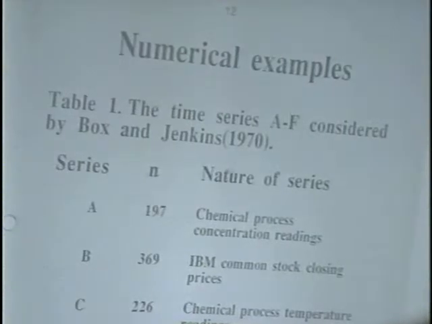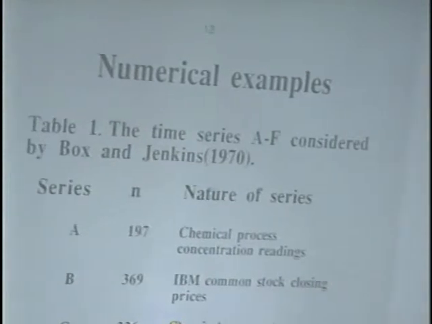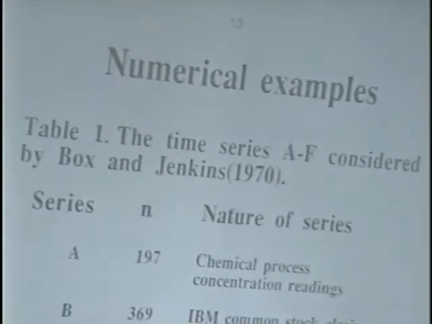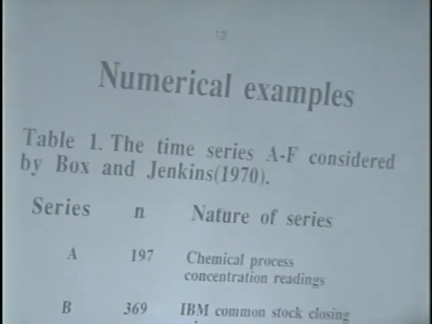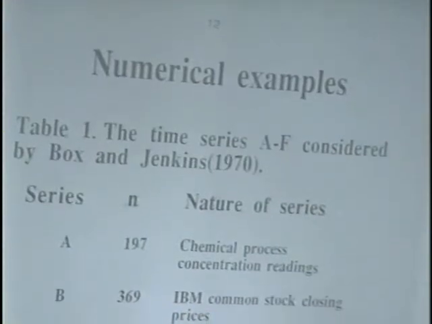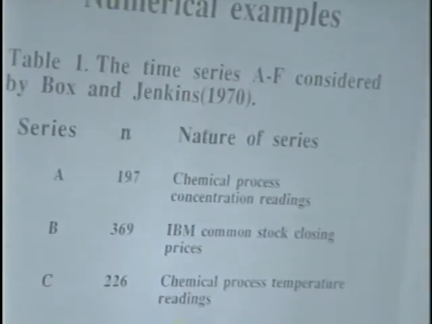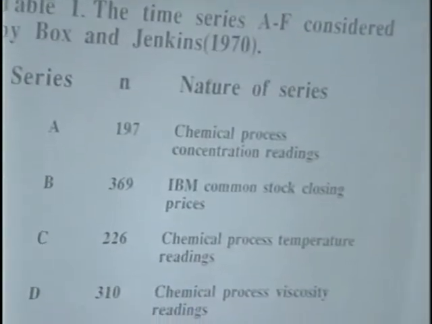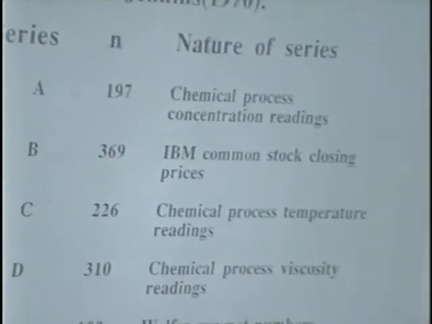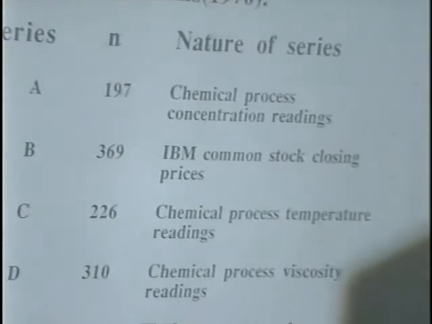Let's look at some examples taken from this book, Box and Jenkins, 1970, where the authors consider, among other things, these time series from A to F. These are all considered to be non-seasonal time series, and using this method, we end at the following result.